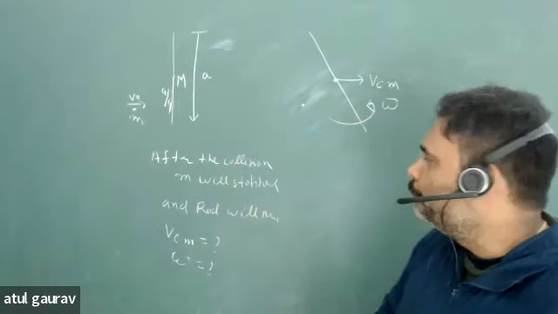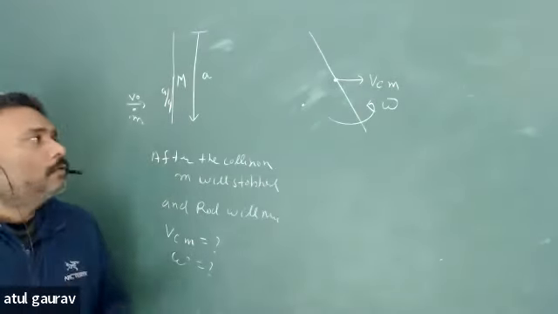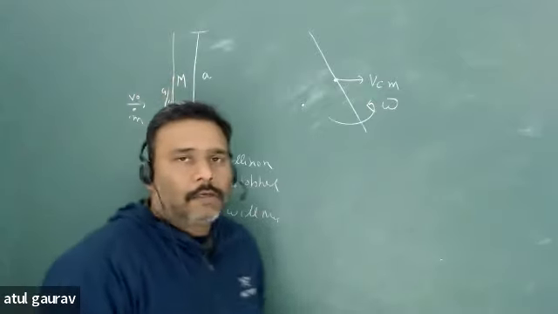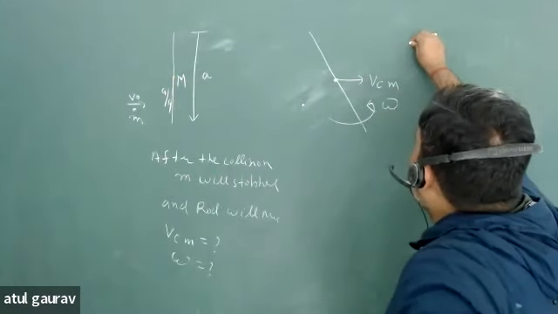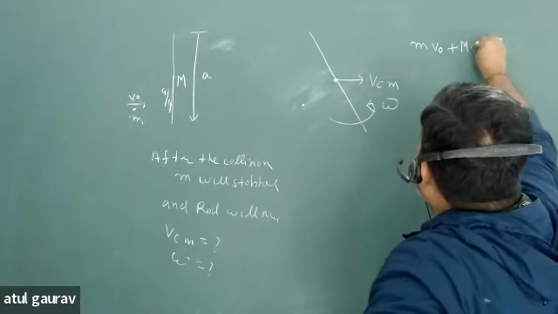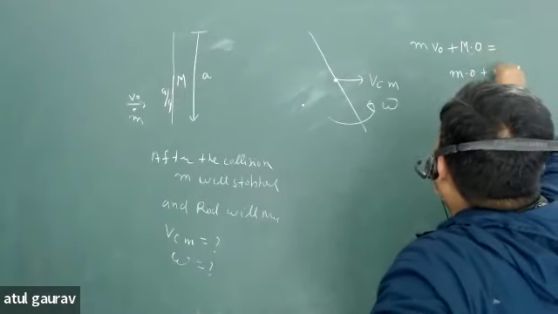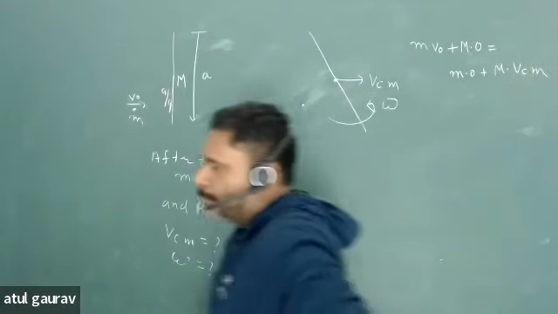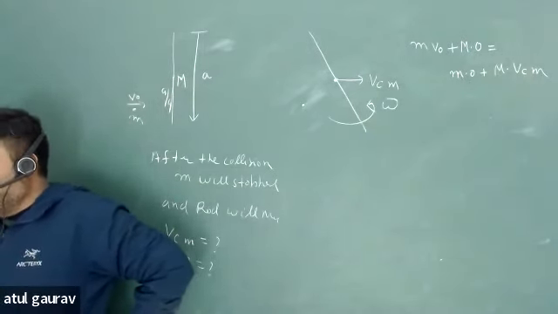ठीक है, चलो. सो फर्स्ट तो हम लोग क्या कर लें? कंजर्वेशन ऑफ लीनियर मोमेंटम. एंड व्हेन यू आर गोइंग टू यूज कंजर्वेशन ऑफ लीनियर मोमेंटम, यू कैन ट्रीट दिस रॉड एज अ पॉइंट मास. सो व्हाट विल हैपन? m v naught plus m into 0 is equal to m into 0 plus m into VCM. होगा ना? सही लिख रहा हूं?